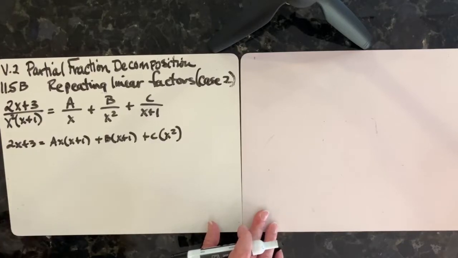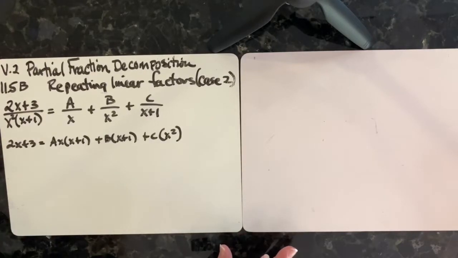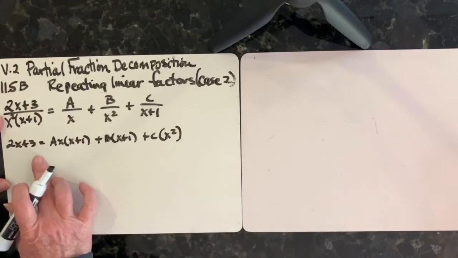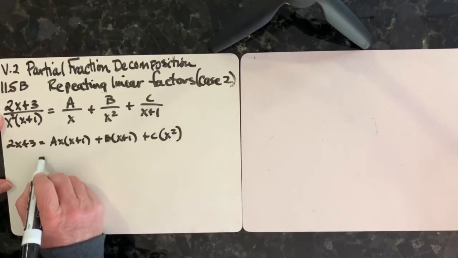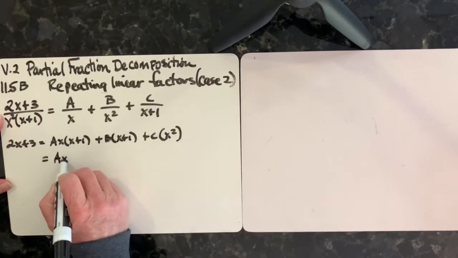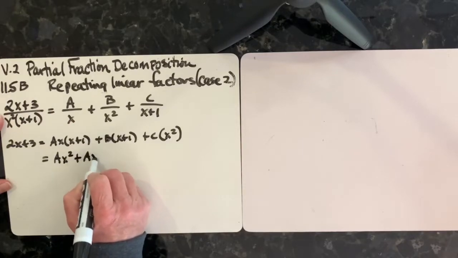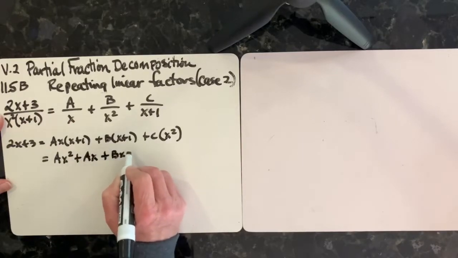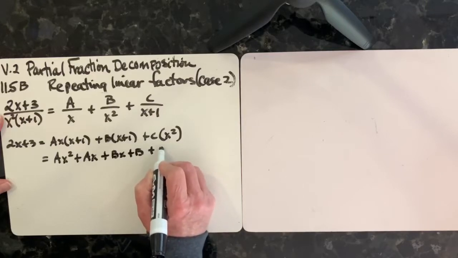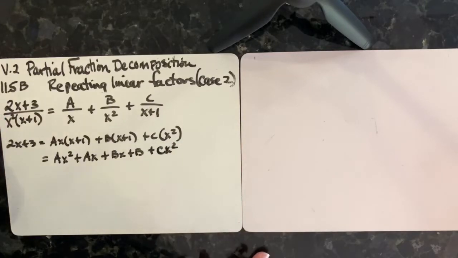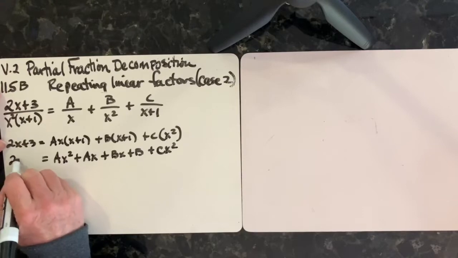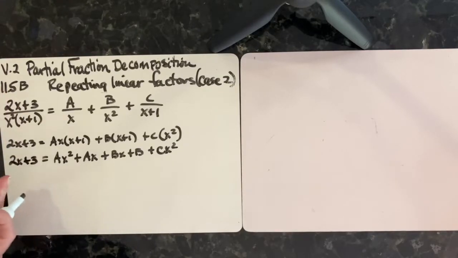All right, so what I'm going to do is set this up a little bit differently. I'm going to go ahead and multiply these out. And I have ax squared plus ax plus bx plus b plus cx squared. And then I'm going to regroup this. This side is still the same, 2x plus 3.